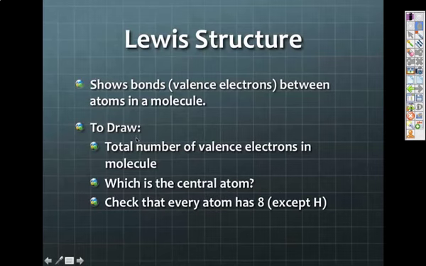And we are shooting to fit with the octet rule, so where we're finding the isoelectronic series that matches up with the nearest noble gas. We want to make sure that every atom has 8 electrons around it, except for hydrogen.